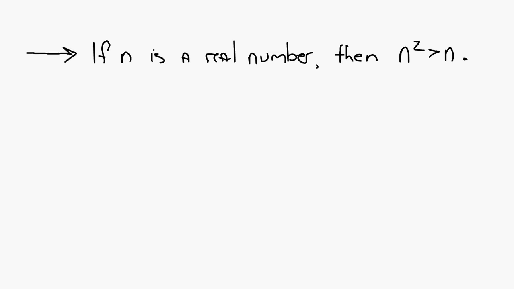So they say when n is 1, the conjecture is false. A counterexample would be when n equals 1. That's a counterexample because 1 squared is not greater than 1, is it? 1 squared is 1, so this is not greater than.